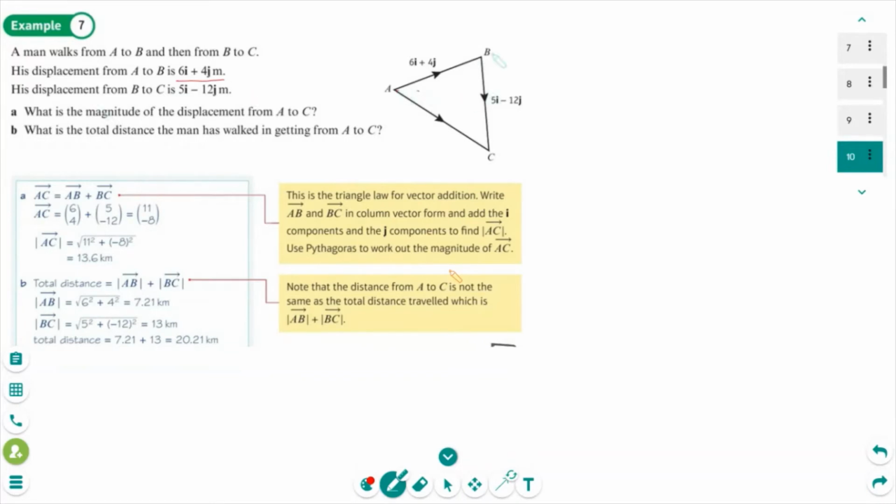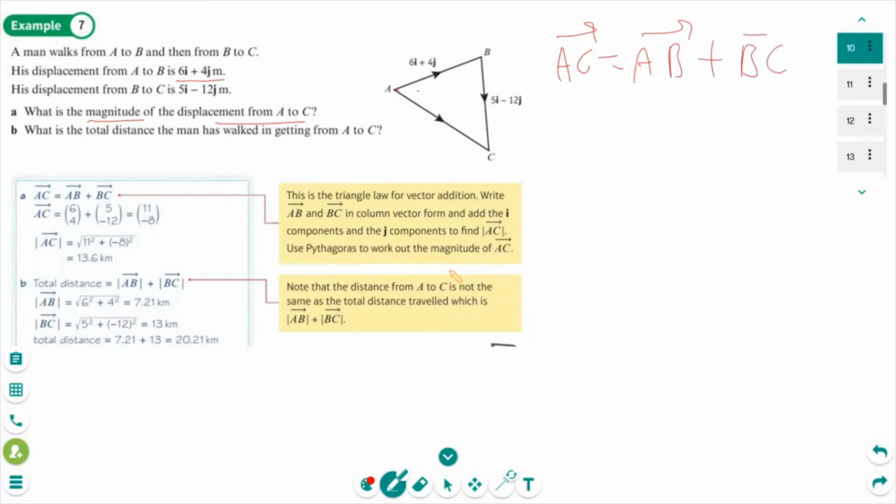What is the magnitude of the displacement from A to C? So you need to work out the vector A to C. By the triangle law, AC is simply A to B plus B to C. So you just add up the vectors 6i, 4j, so they've used the column vector notation.